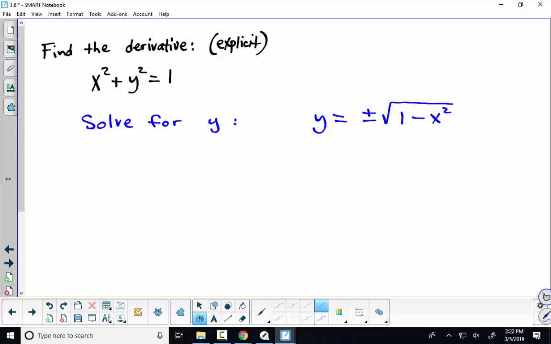By the way, the relation x squared plus y squared equals 1, what is that? It's a circle with a center at the origin, (0, 0), and a radius of 1.